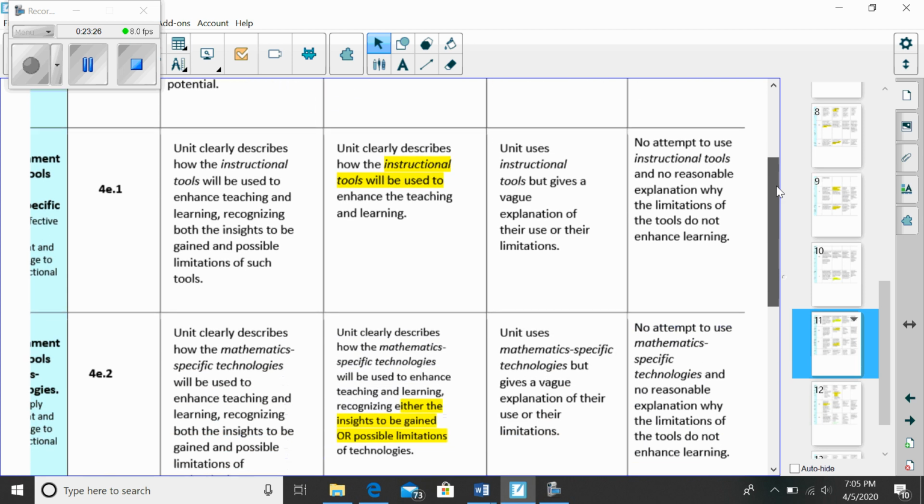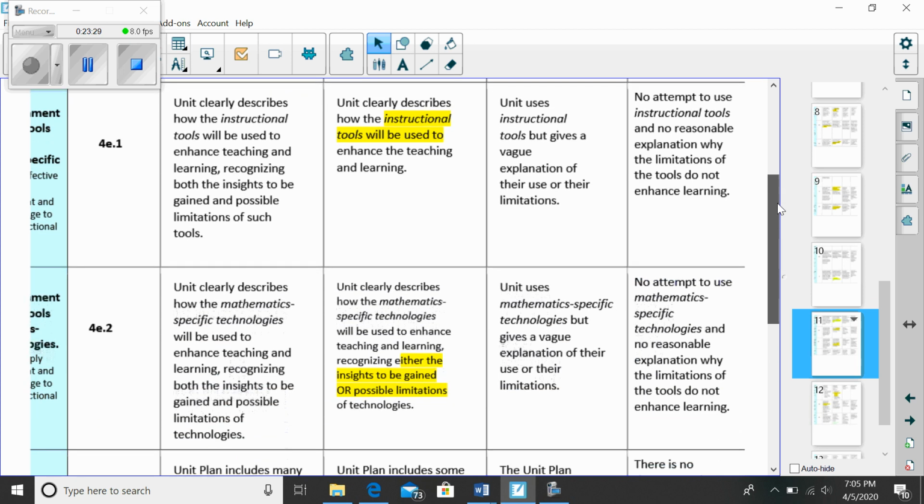So we have to use instructional tools. Instructional tools are a little different than technology, although technology does fit under the umbrella of instructional tools. But instructional tools don't have to be technology, or mathematical technology. That might be the smart board, or rulers and protractors, right? Those are instructional tools.